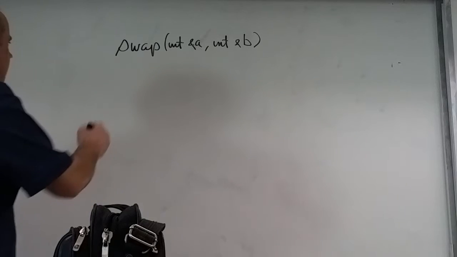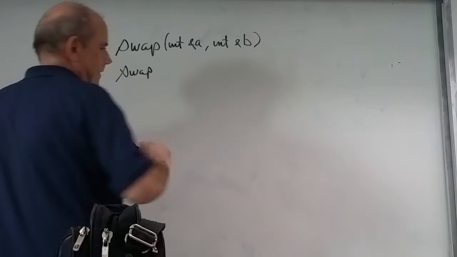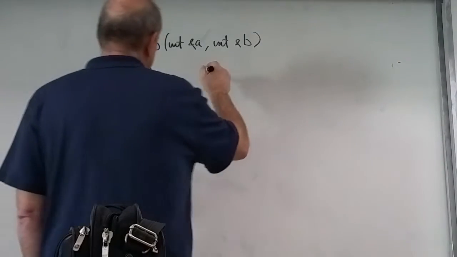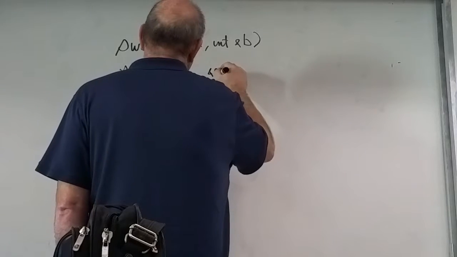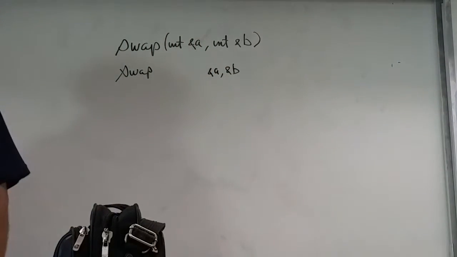Can I write a swap macro instead? With this language, we would have an A and B, and it might take that form. Would it work the same way? Would it do the same thing?